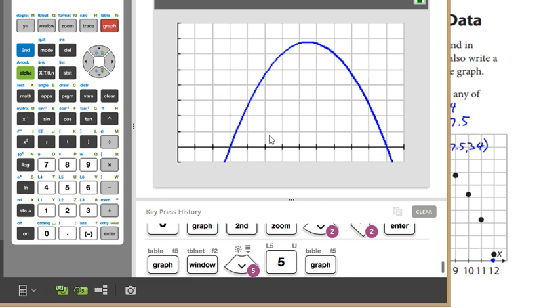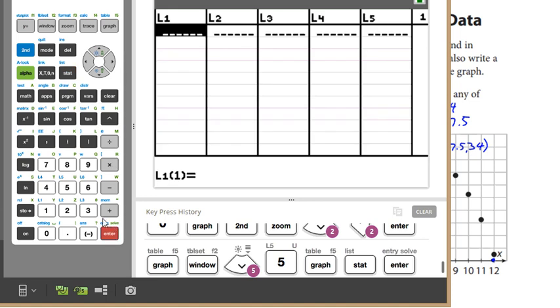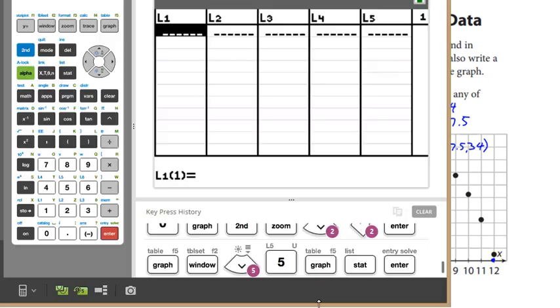Let's go ahead and put the points in place to see how well we match the data. To do that, we're going to go to Stat, Edit, and just enter the values from the table. The x values are going to be on the left column, the f of x values on the right column. So I go back over here.